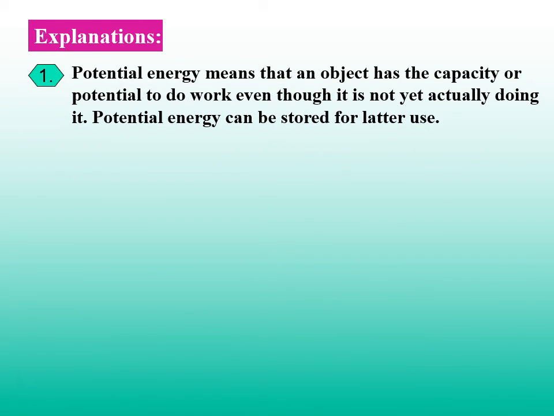Potential energy means that an object has the capacity or potential to do work, even though it is not yet actually doing it. Potential energy can be stored for later use.